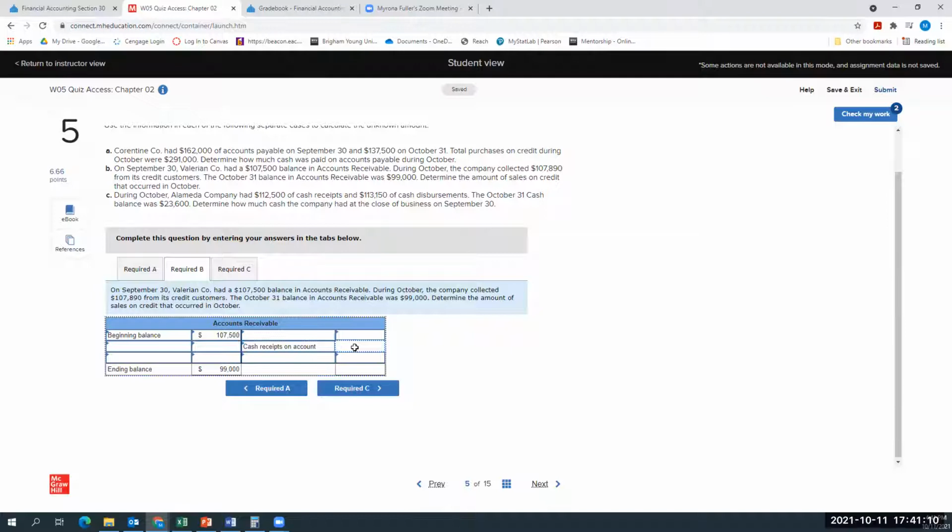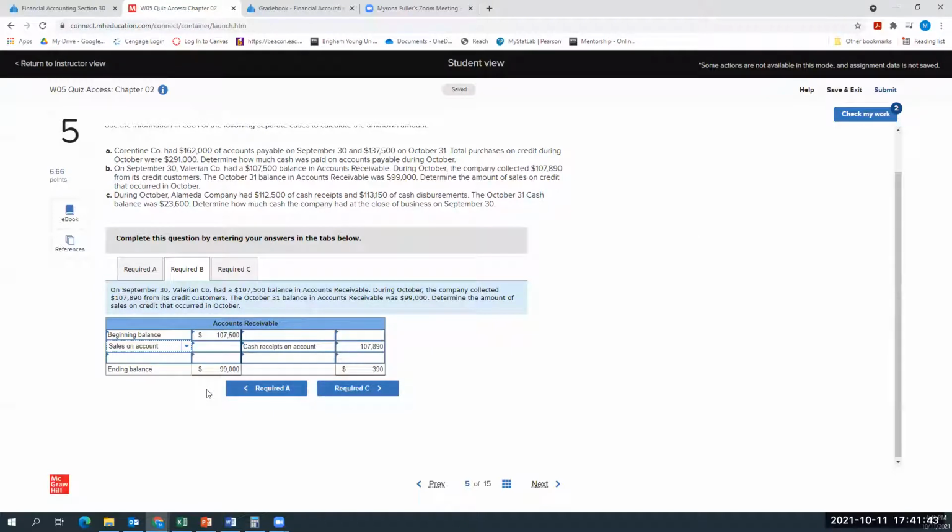And now I've got to figure out what my sales on account were. That's going to make this balance come out to 99,000, because you can see right now it's actually coming out to a credit balance of 390. So that's not going to work. I had this as a debit balance, I credited this much. How much more do I need to debit to come out to 99,000?